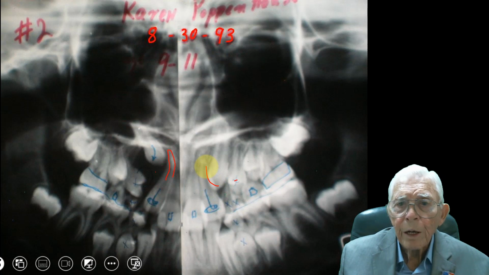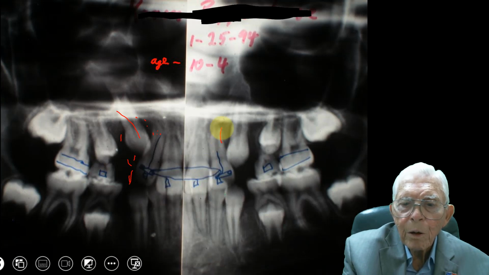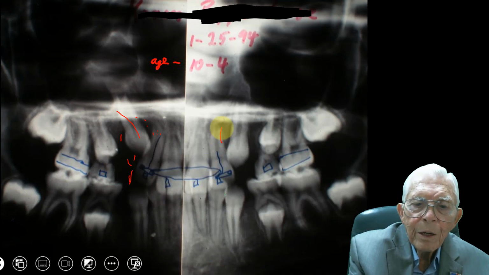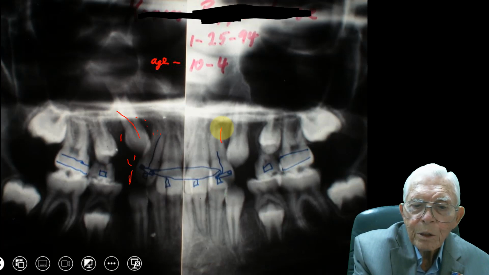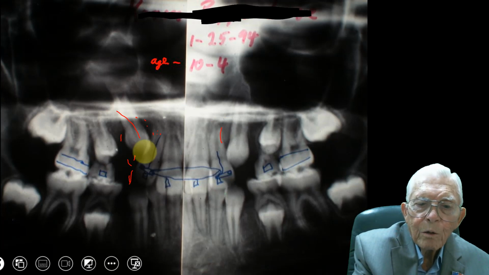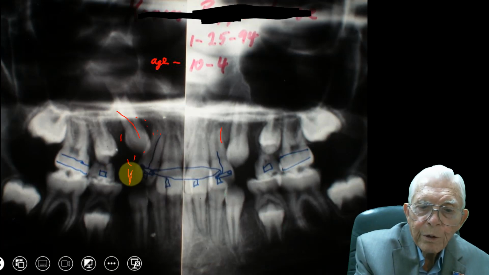So let's go down to 94. And you see that crook up here? That tooth had pushed into that. And this crook over here where this tooth pushed into that. And we took the tooth out here. Now watch this tooth. The follicle around this tooth was still there. We got the follicle away from this.